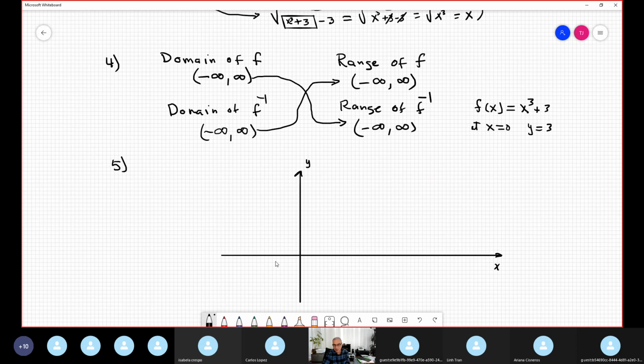And the famous point is the point 0, 3. 1, 2, 3. I plot that point, 0, 3. And for the inverse function, the point is 3, 0. 1, 2, 3.